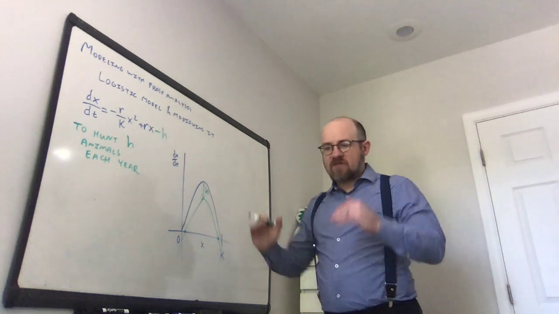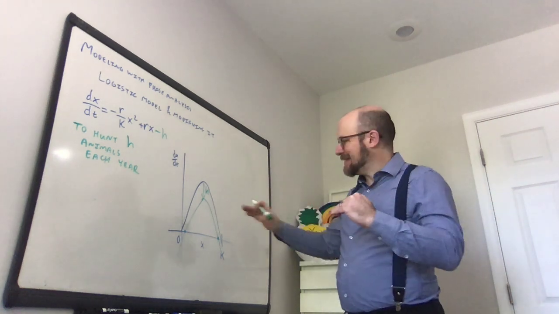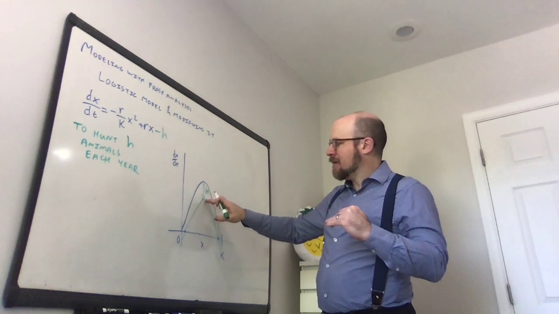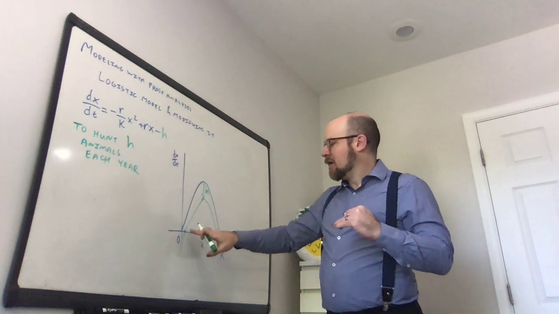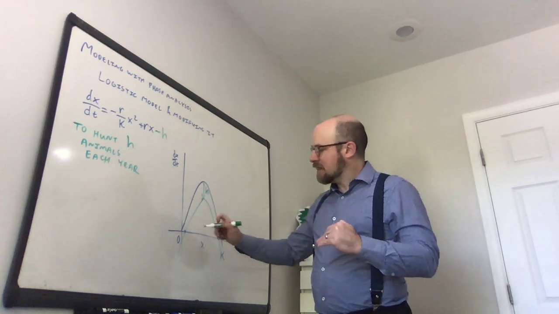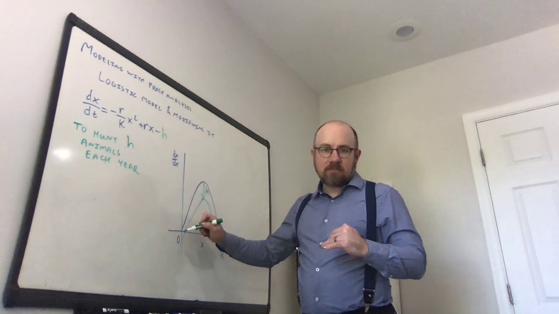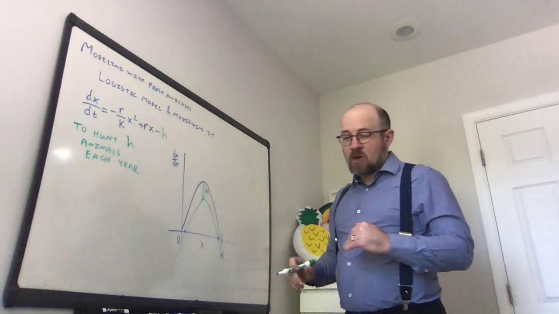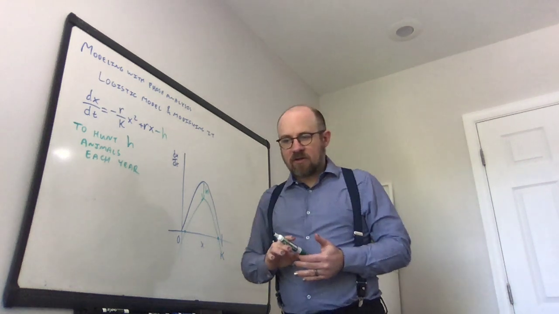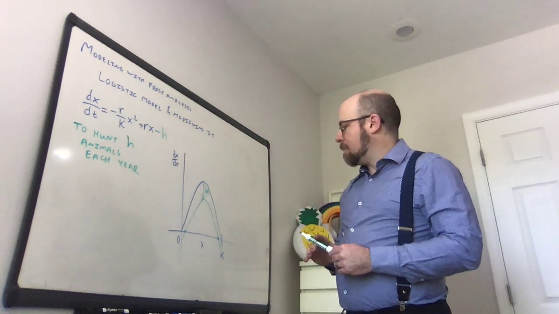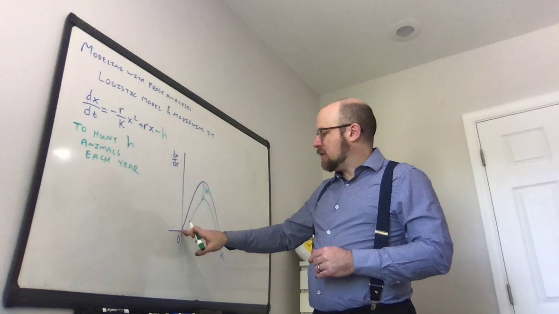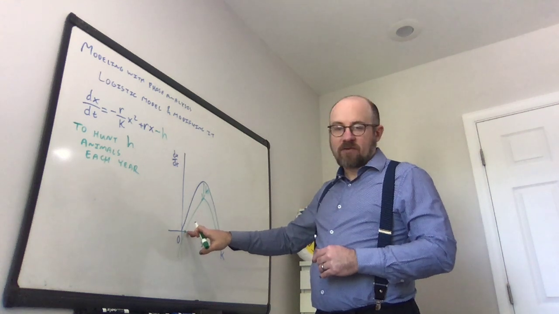So when you move this down, not only has your peak gone down to somewhere here, but your equilibrium points have moved in. You can see that you now no longer have a viable minimum. We'll look at a specific example of this in a second. So the minimum population has gone up from 0.